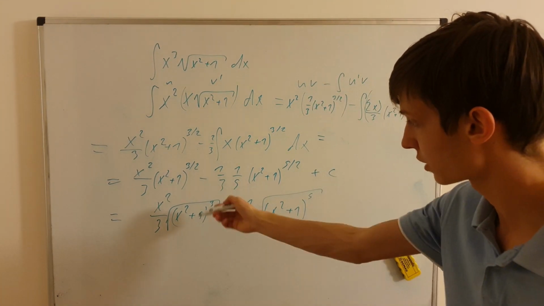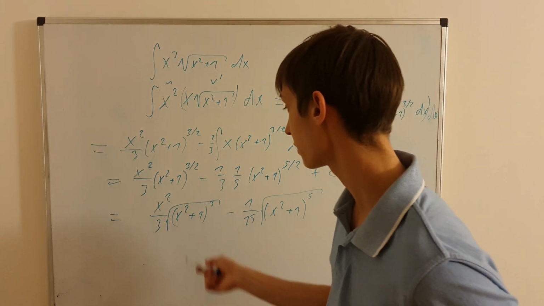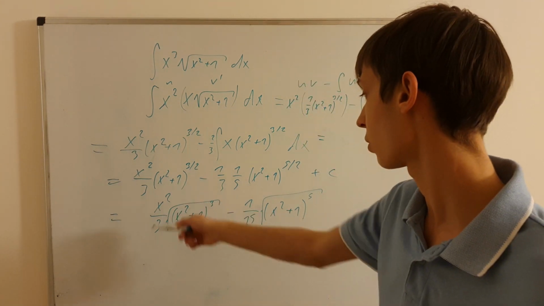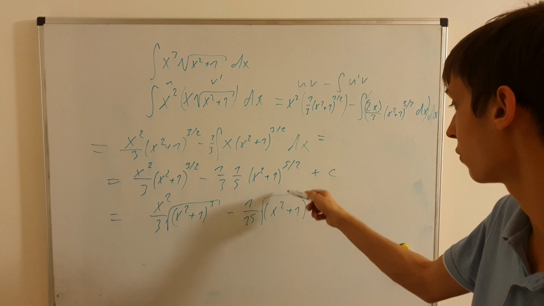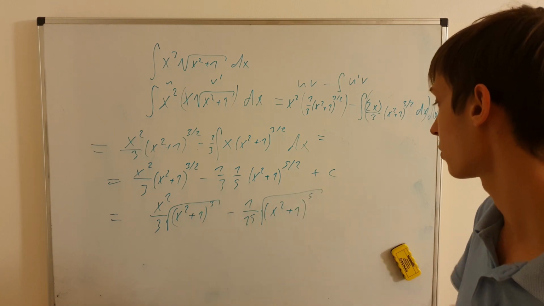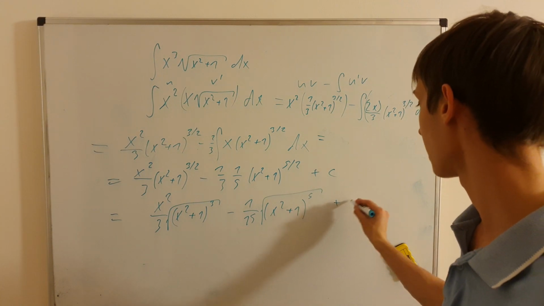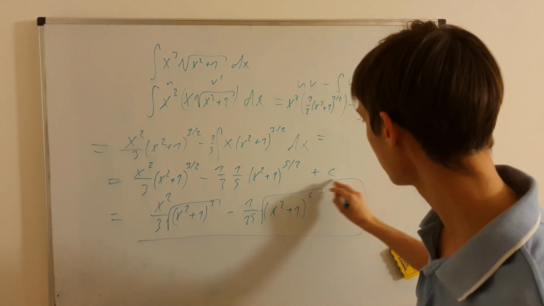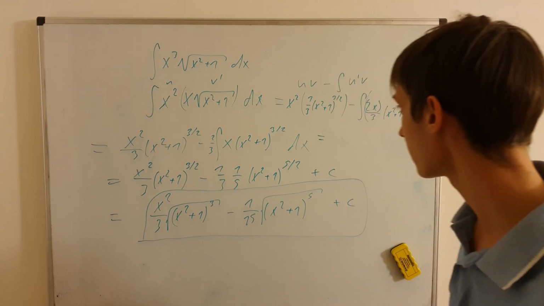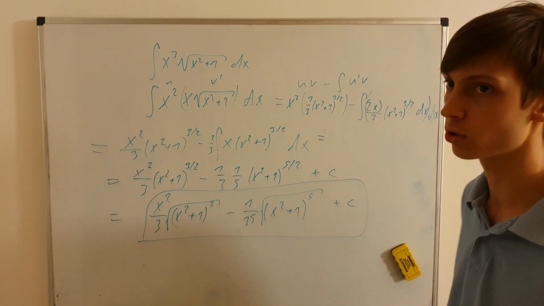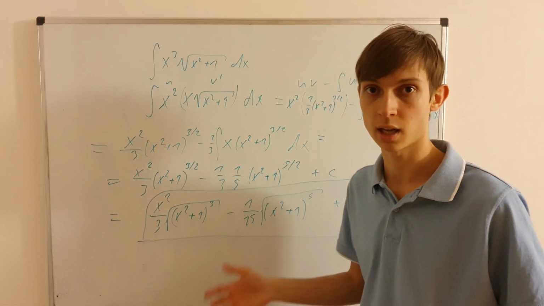So we have this x squared plus 1 to the third power as an entire parentheses inside the square root, times x squared over 3, minus 1/15 times the square root of x squared plus 1 as a parentheses all to the fifth power, and some constant added to that. So this is the result. The basic idea of this case was a combination of both integration by parts and u substitution.